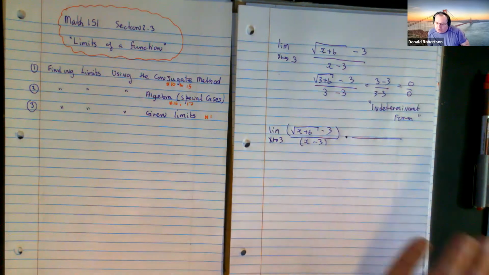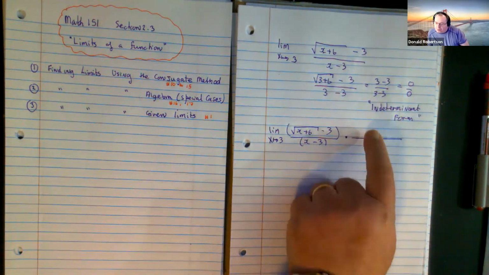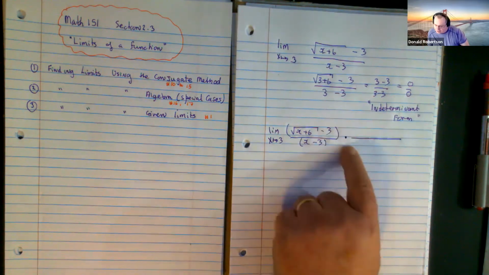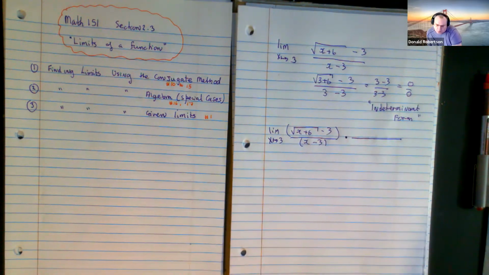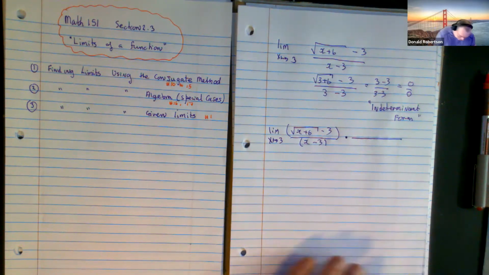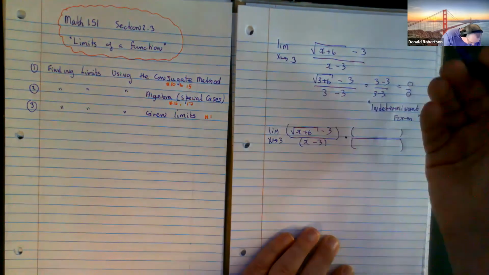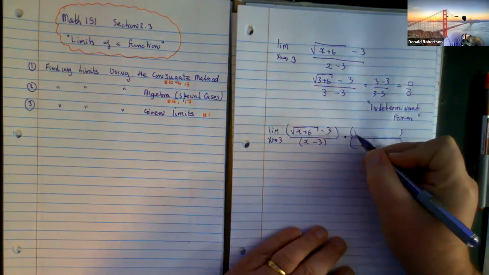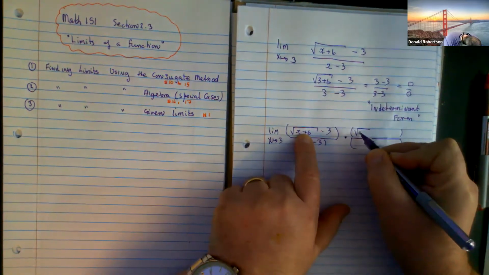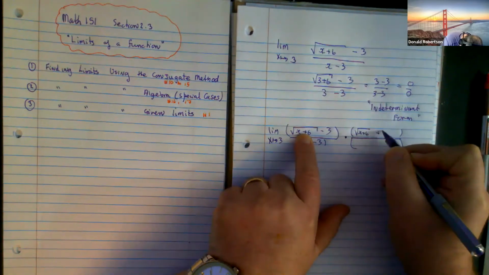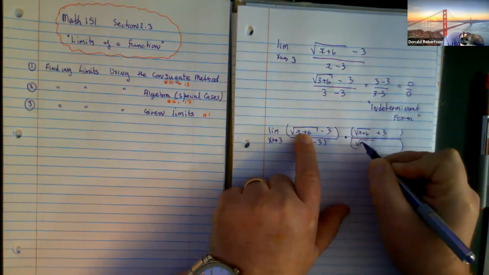I could do any combination as long as the top and the bottom are the same. So that would be a special version of 1. And so they went hunting for a special version of 1 that might make this question work. And the one they pick is called the conjugate, hence the name, the conjugate method. It's the square root guy, but with an add 3, not a take away 3.